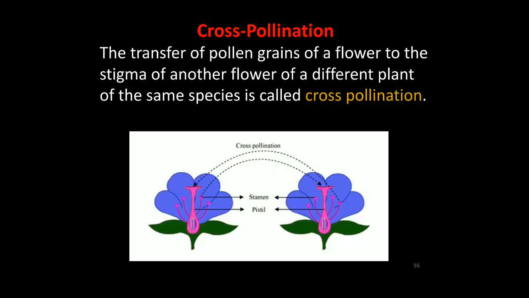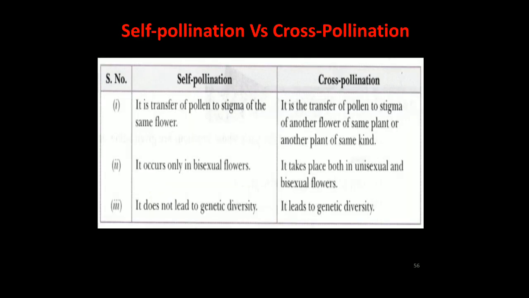Whereas transfer of pollen grains of a flower to the stigma of a flower of a different plant, not the same plant, is called cross pollination. If pollination happens between two flowers of the same plant, it is called self pollination. Whereas if it happens between flowers of two different plants, we call it cross pollination.